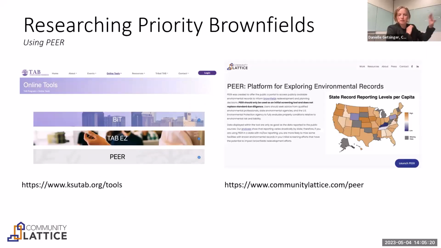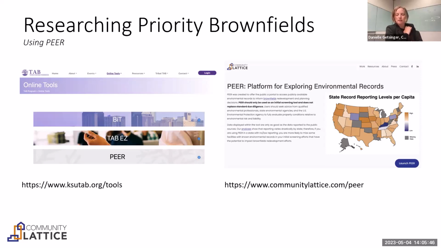And actually the first slide that we landed on shows one snapshot from our PEER tool. Our PEER tool is a collaboration that Community Lattice did with the Kansas State University TAB program, independently funded through data.org, to create a platform that makes it easy to find environmental records.